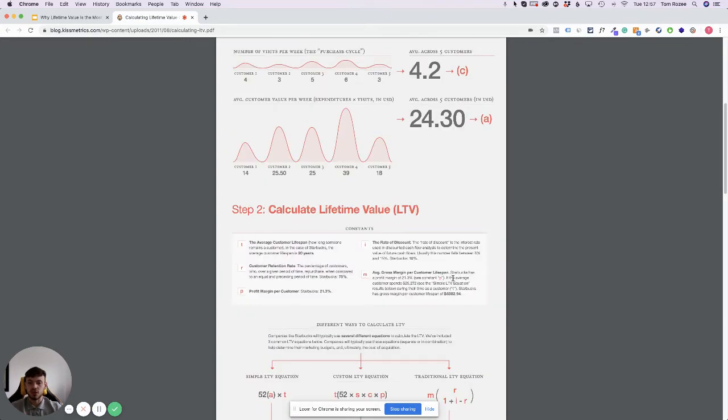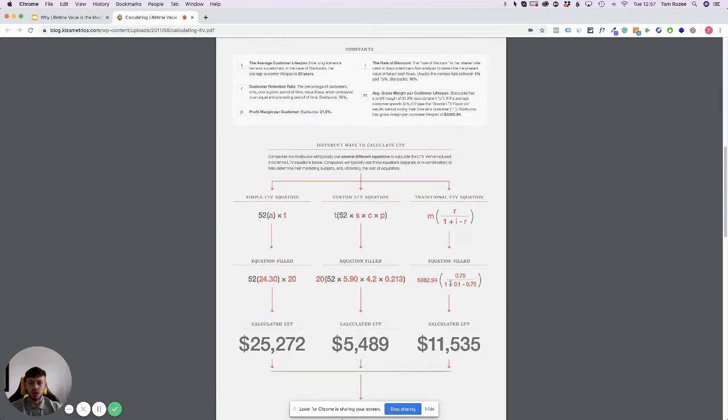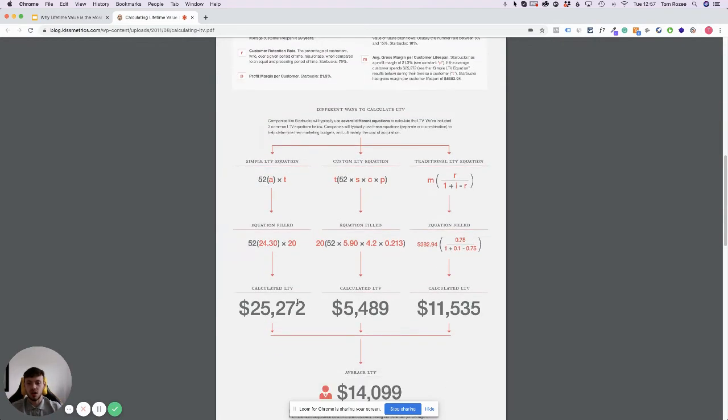There are different calculations you can do for lifetime value, and you can see them here. You've got the different metrics and calculations, which I'll add a link to below in the description. But as you can see here, this gives Starbucks 3 different lifetime values of a customer.